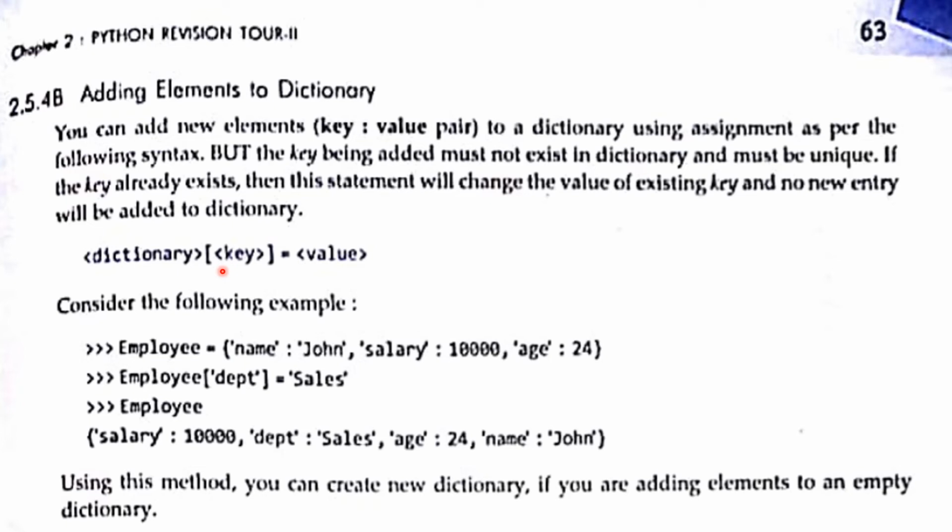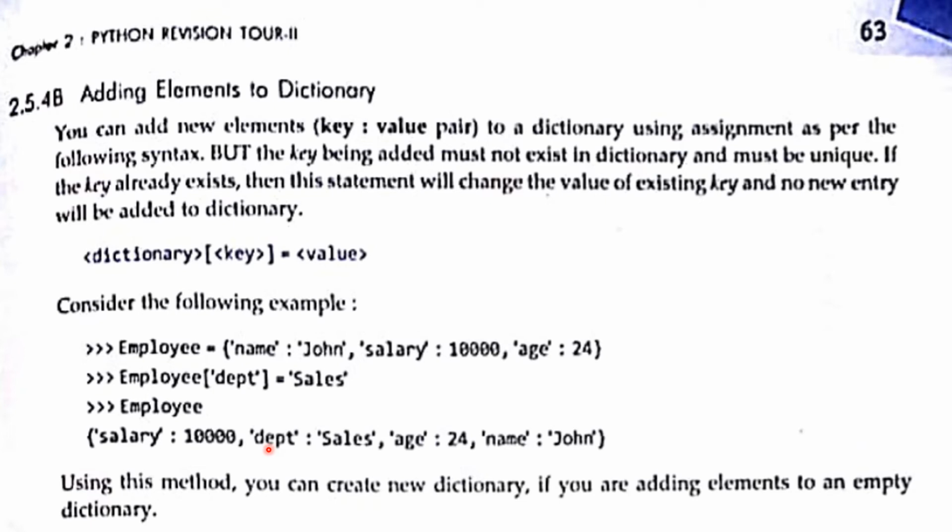You can see in the example here a dictionary named employee, and the keys and the values are: first key is name, second key is salary, and the third key is age. And if you want to add a department key in this existing dictionary, department equals to sales, and then if you see employee, it will add it. So it has added department here. So this way you can add an element.